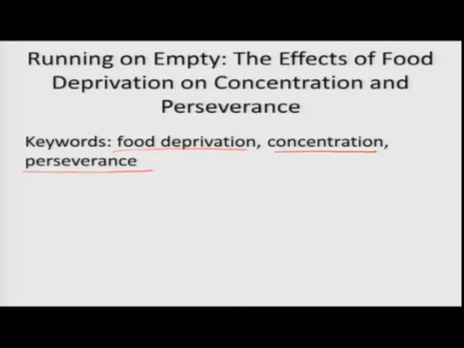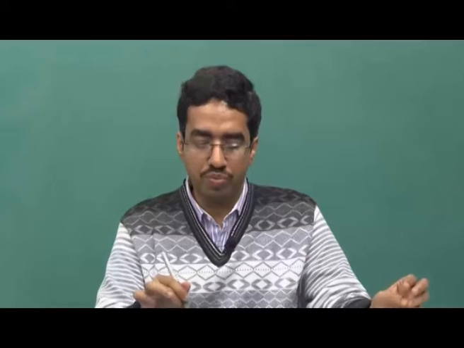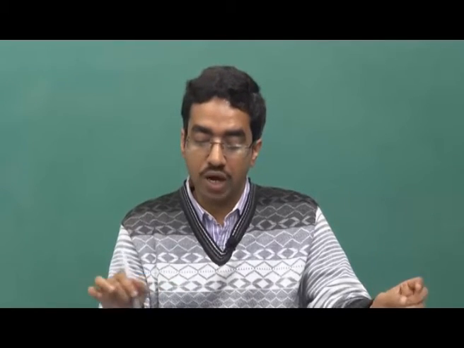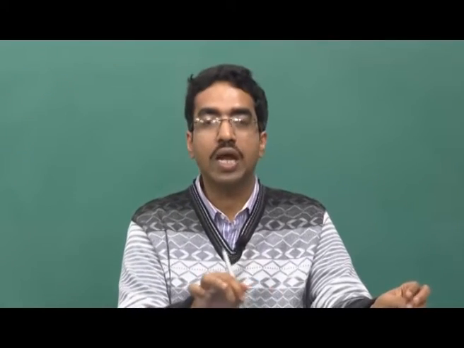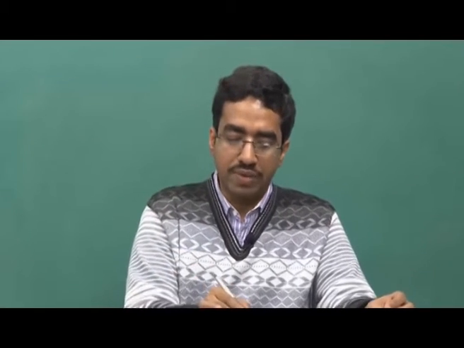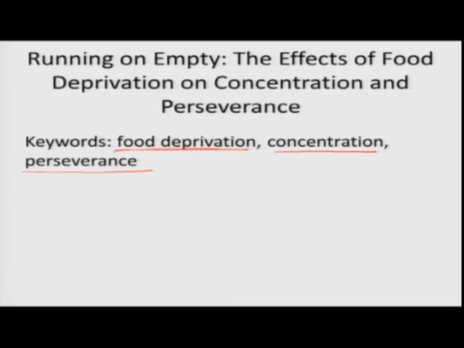These clearly tell you that this study is about food deprivation and how it affects concentration and perseverance. Here the main thing is food deprivation, followed by concentration and perseverance. So, this is listed according to the relative importance as perceived by you as the author of this particular paper.